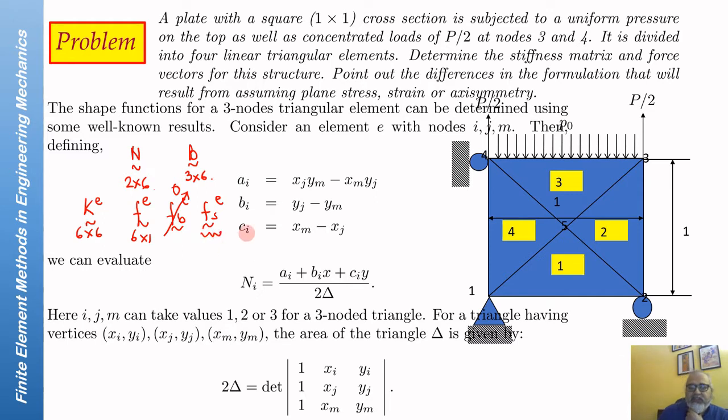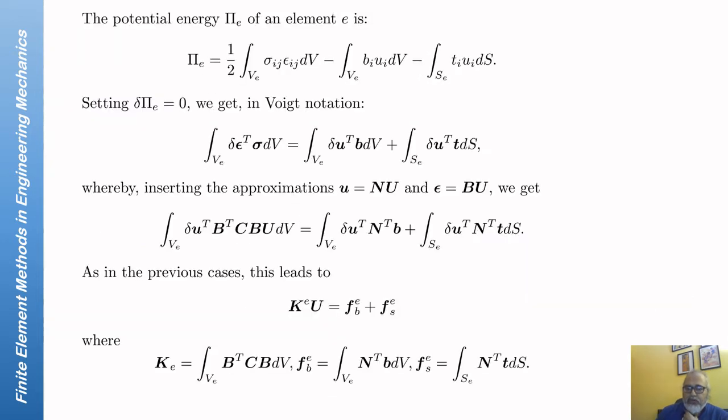FSE is present only in some cases. KE is calculated by this formula. FBE is 0 for this case, and FSE is present only if the element shares an edge with the boundary of the body on which tractions are applied.